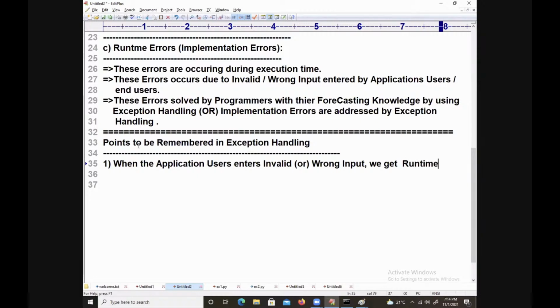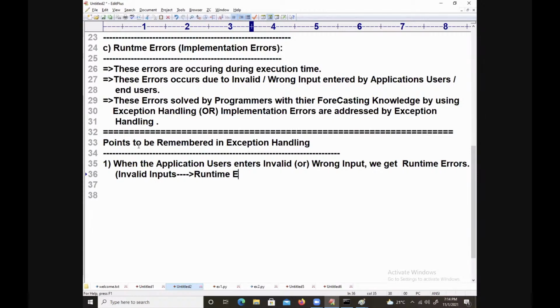Runtime error. Don't go to your own answer. Whatever I am explaining, you tell me so that you will be perfect. So, I am giving a simple equation here: invalid inputs always give runtime errors.